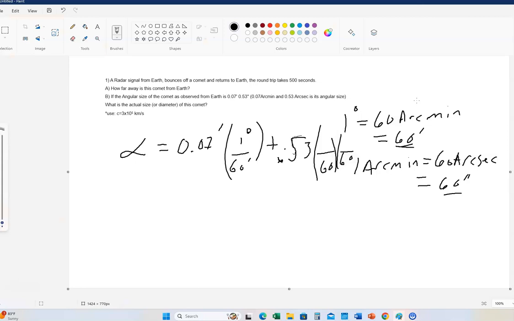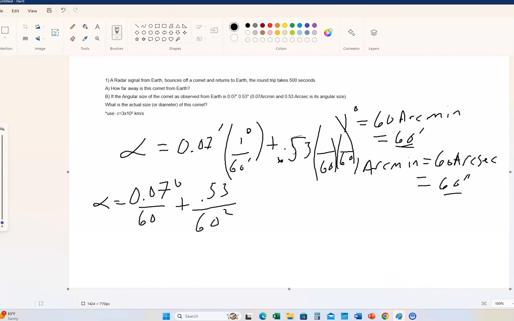I know that doesn't look very nice, but all we're doing is turning alpha into degrees. So it's going to be 0.07 divided by 60, because that changes it into degrees, plus 0.53 divided by 60 squared. That's a simple way of doing that real quickly.